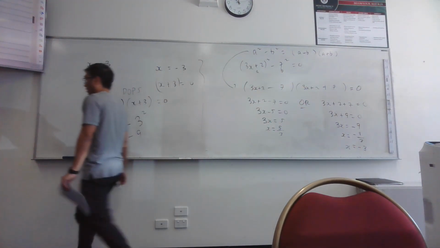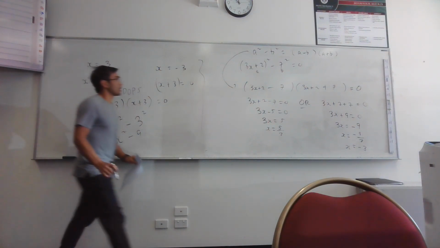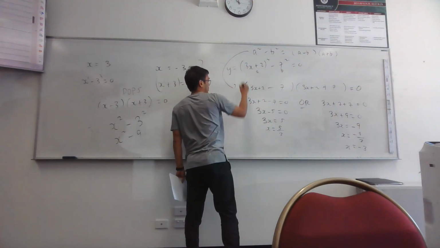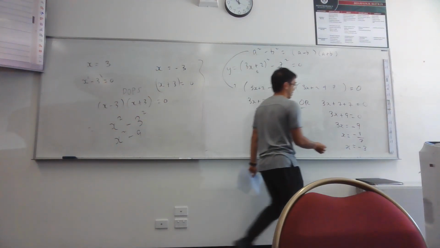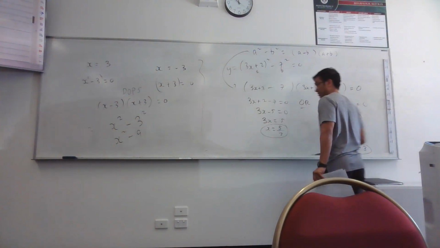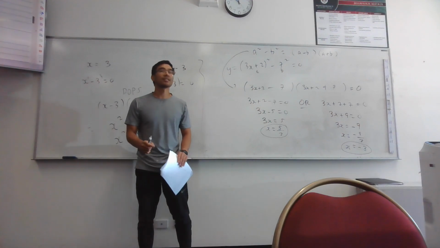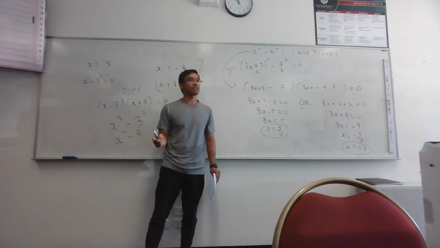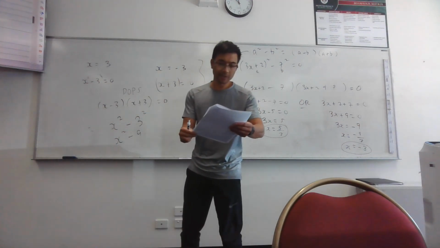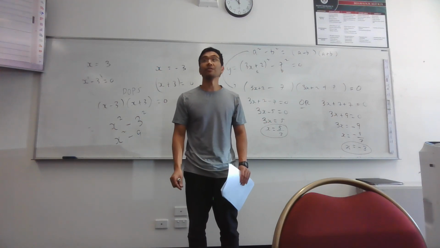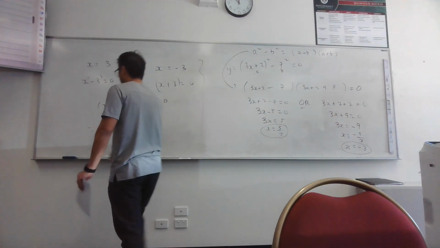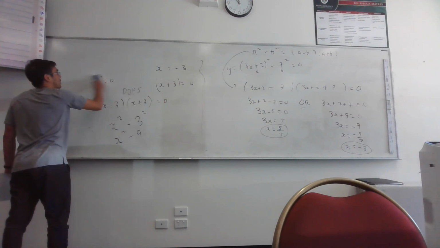If this was an equation, what are these? Coordinates. Of what? X intercepts. Okay, we're going to get there. Who knows the other way of doing this one? There is another way.